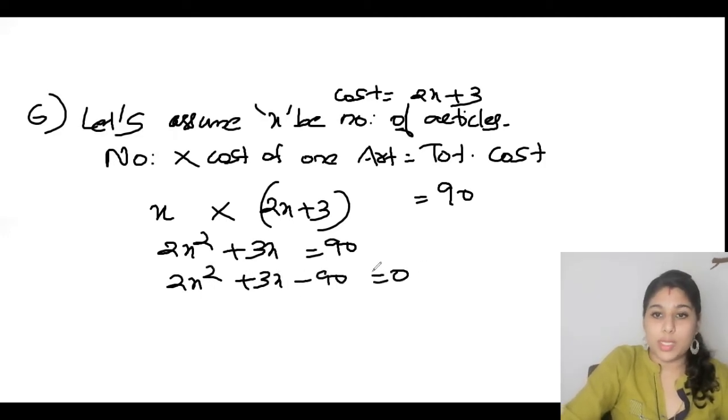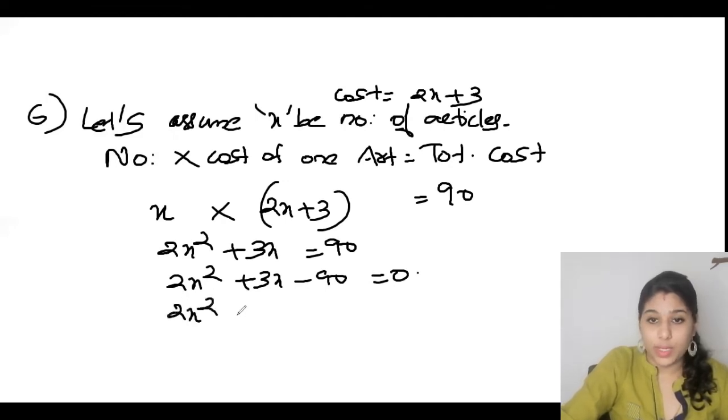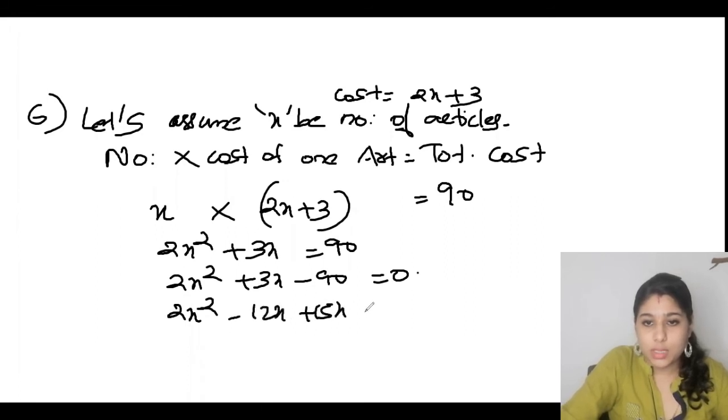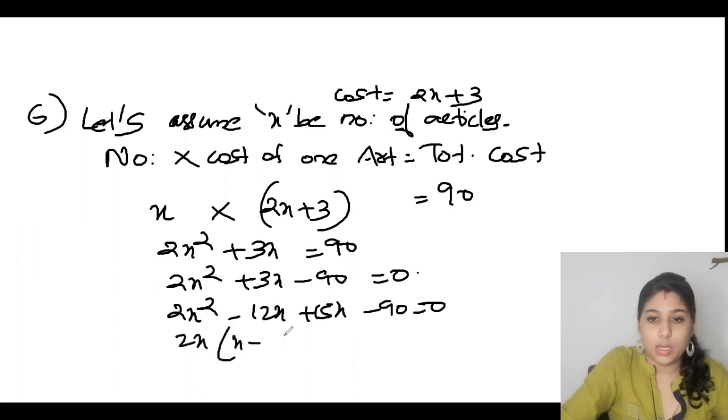So the product should be minus 90 and the sum should be 3. So we can split the numbers as 15 and 12. So 2x square plus 15x minus 12x minus 90 is equal to 0. Taking 2x out, x minus 6, plus 15, taking, x minus 6 is equal to 0.